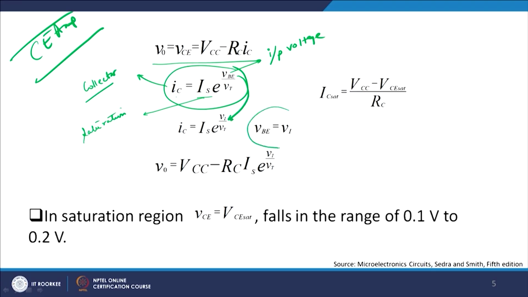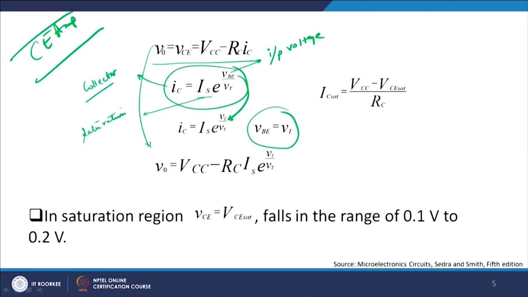Why? Because I can safely say that the total voltage is the sum of the DC bias which you are giving and the AC signal which you want to amplify. So these are the two important voltage sources. I get V0 equals VCC minus RC times IC, and IC can be written as IS e to the power VI by VT.